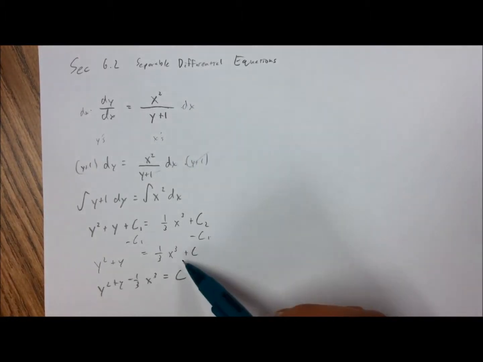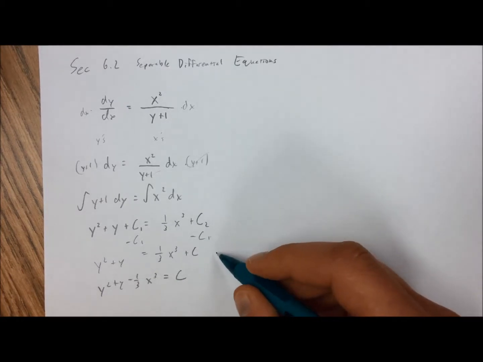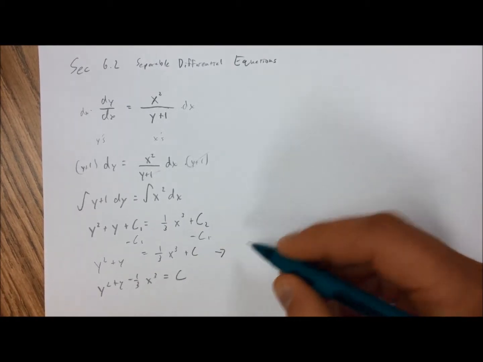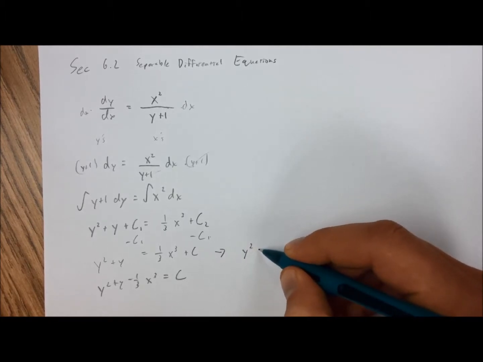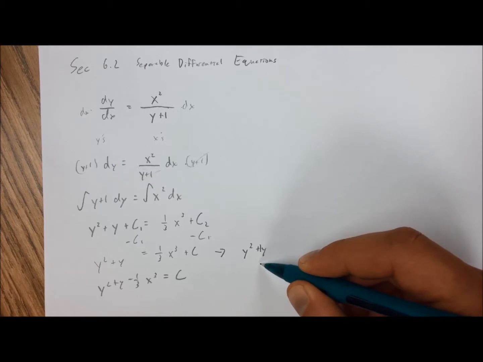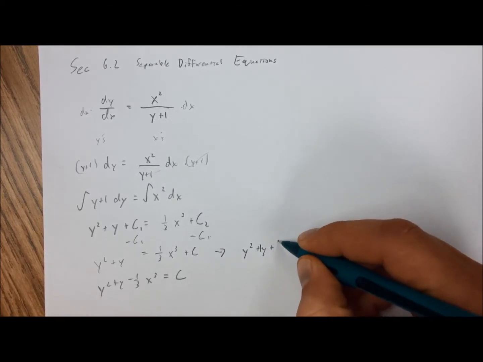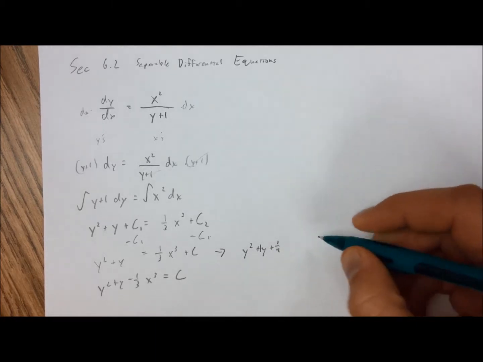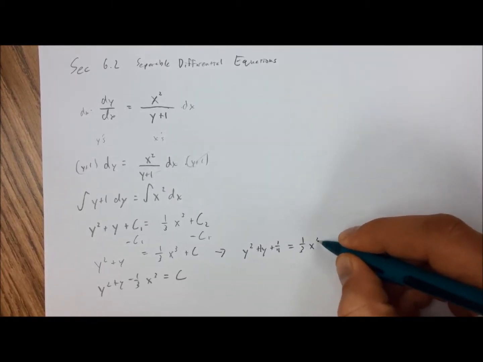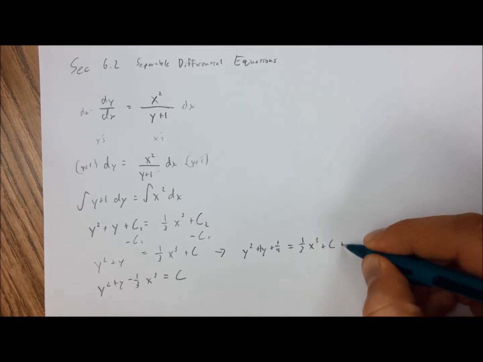If I had wanted to, I could have stayed right here and completed the square. y squared plus y. Now the constant here is 1, so if I divide that by 2, I get 1/2 squared. I'm going to add 1/4 to this side. Is equal to 1/3 x cubed plus c plus 1/4.